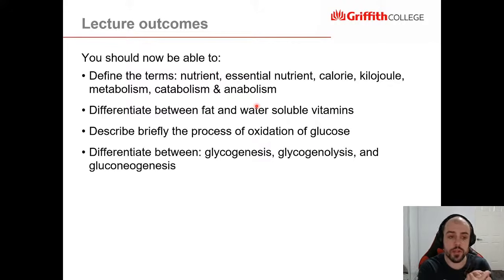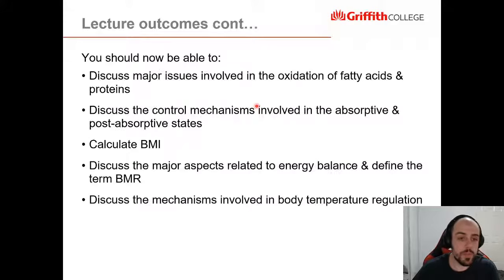Incredibly important. Understand what is happening with glycolysis, gluconeogenesis, glycogenolysis, glycogenesis rather. What do those words mean? You need to be able to define them for me. Understand what is happening with absorptive and post-absorptive states. What hormones are being released? Insulin and glucagon. And what are those two hormones doing to ensure our body essentially survives?